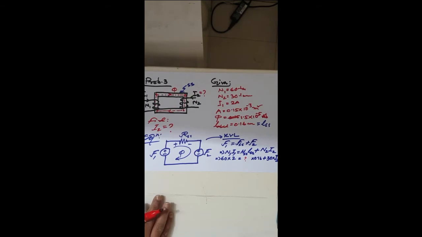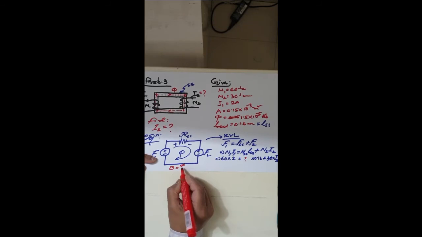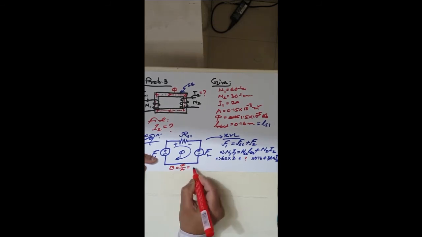Now HSS is coming from the BH curve. For that you need B, and B is given here. B will be coming from phi by A, and phi and A are given. Phi is 1.1 times 10 to the power minus 5, and A is 0.15 times 10 to the power minus 3.